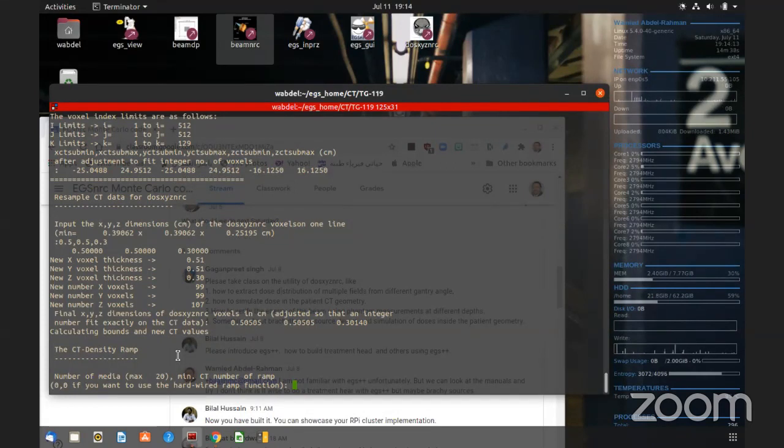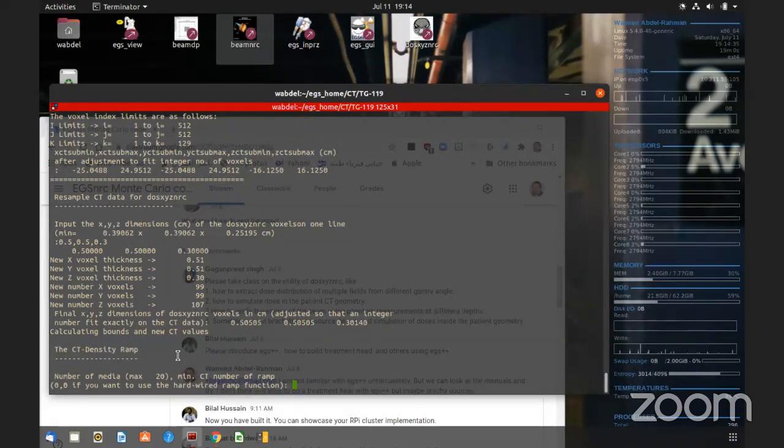The next step is now we need to assign the medium, and this is a very critical step. The CT data obviously has CT numbers. So for example, when the CT number is minus 1000, we know this is air. When it's 0, it's water.